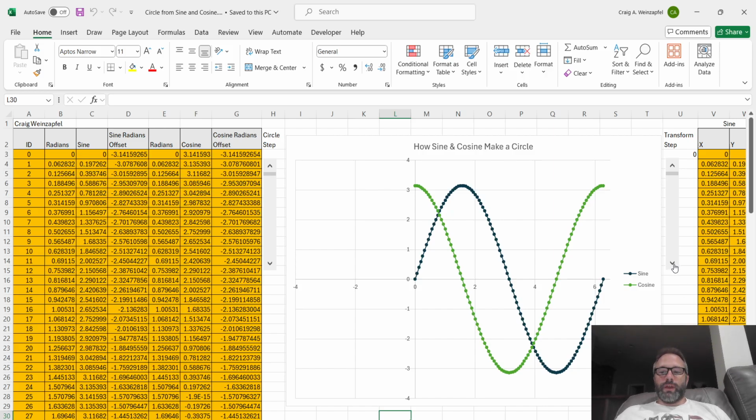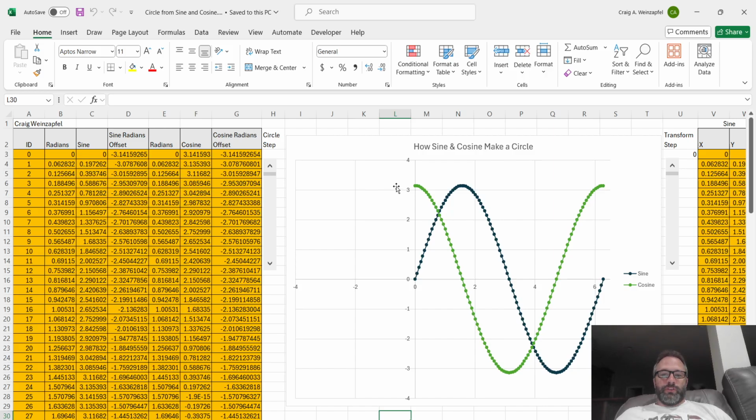And I'm going to do that by transposing this cosine wave to have its varying values go left and right across the x-axis of my chart, while leaving the sine wave going up and down on the y-axis. And just to make it easier to see the values, I'm also going to at the same time shift them to the 0 coordinate. That'll be the 0, 0 coordinate, the origin of our circle.